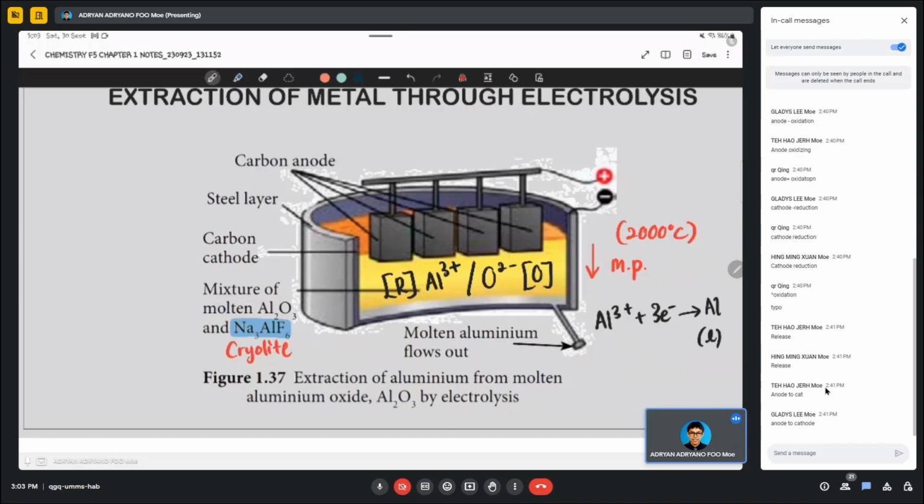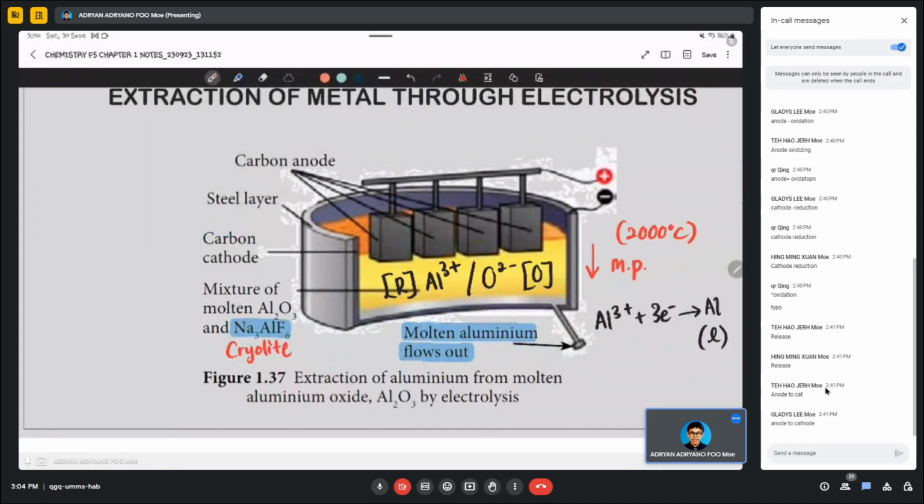But this aluminium metal is molten, so it is in liquid form because it is molten. So you would think that this molten aluminium is very dense. If its density is higher, what will happen? It will sink. That's why you see here, molten aluminium will flow out, because the density is higher.